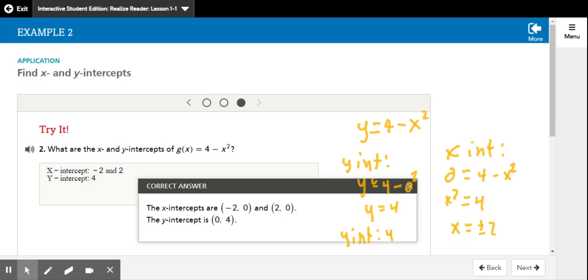They gave them as ordered pairs, probably a better way to do it. When we do the practice in a couple days, I'm sure it'll be asking you to input it as an ordered pair, so just make sure you're doing that.